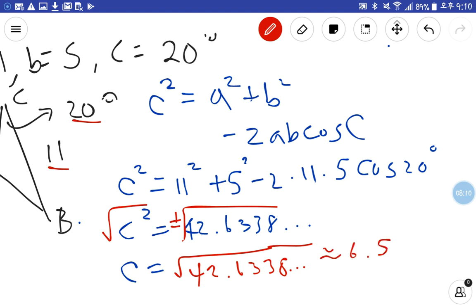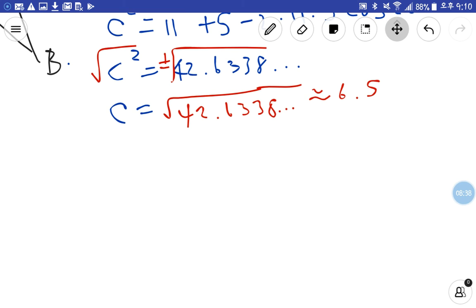I know that my answer is a little bit off because I just used the number which is shown in our book, but that means it keeps going up. I know that if you plug in 11 squared plus 5 squared minus 2 times 11 times 5 times cosine 20, probably your answer is gonna keep going. Just put the square root, okay?